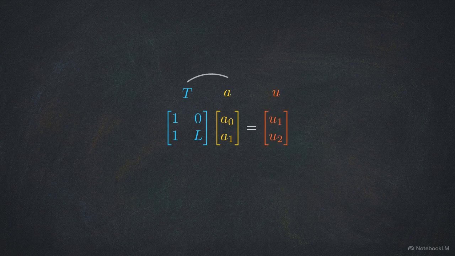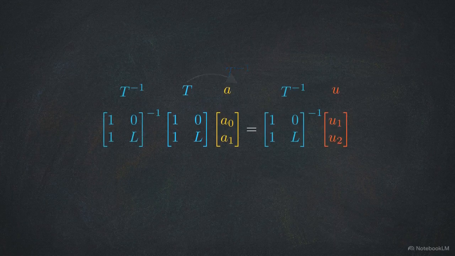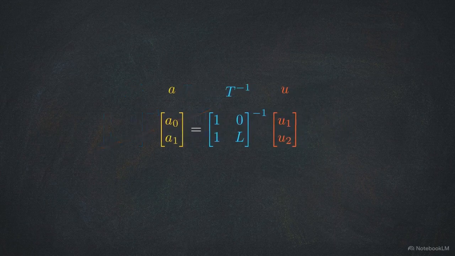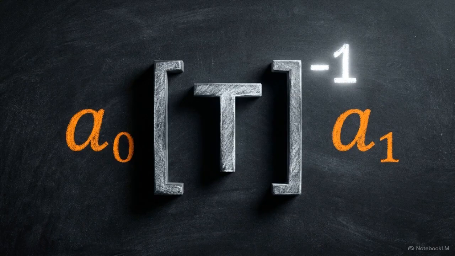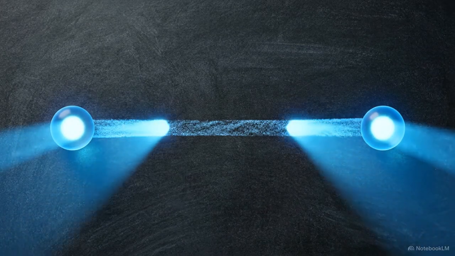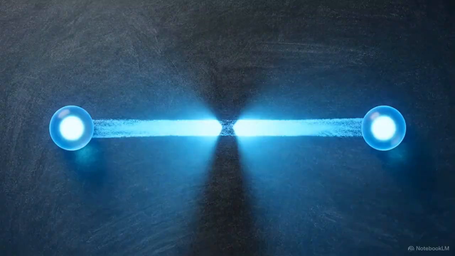To isolate the a vector, we must move the T-matrix across the equal sign. Moving a matrix algebraically requires calculating its inverse. Multiplying both sides by T inverse successfully isolates the a vector on the left. Inverting the transformation matrix allows us to solve for the unknown coefficients. This provides the missing parameters needed to define the element's internal field based entirely on its boundary data.